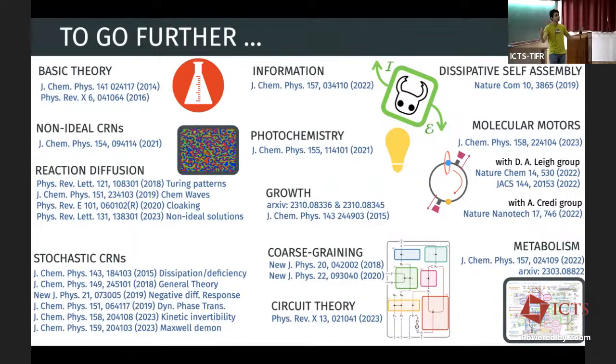And this is for homogeneous systems like the one we discussed during the course, but we can deal with reaction diffusion. We can deal also with the problem of how to characterize information exchanges between subnetworks, photochemistry, and then molecular motors. And that's basically it. Thank you.